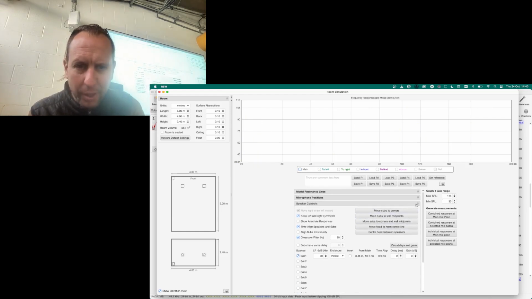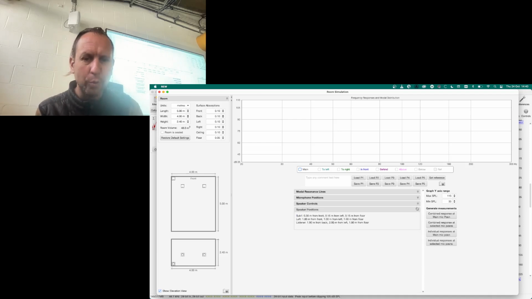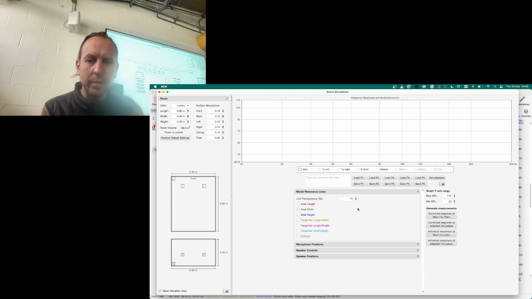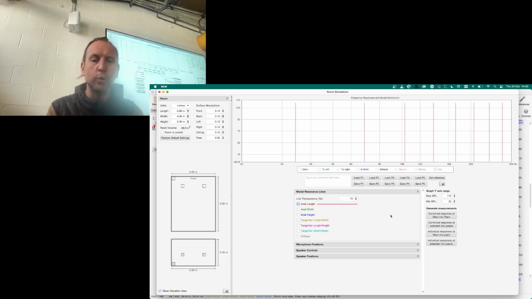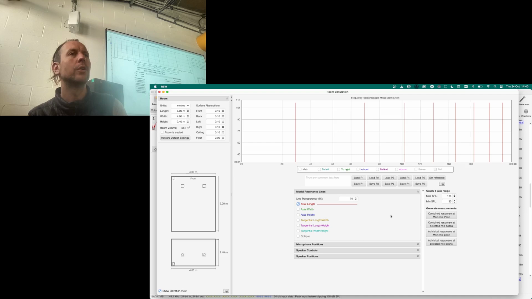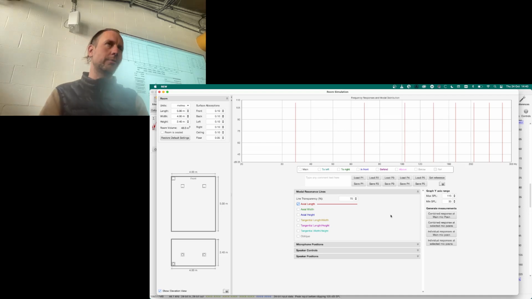So what you have here is a few tabs, so to speak, and the first one is modal resonance lines. And here I can choose to see the modes of the axial length. So we have three types of room modes: axial, tangential, and oblique. And this has to do with the number of surfaces that the wavefront has reflected off of.